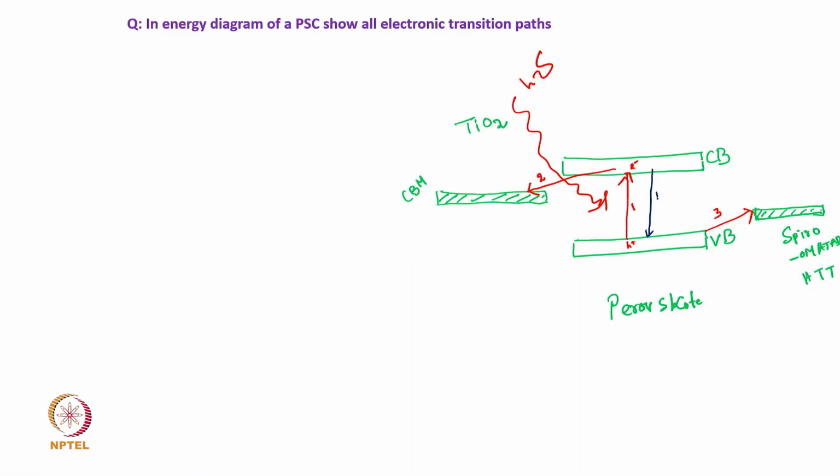So, this is path 4. It is a direct recombination of the electron recombining with the hole, and this is another recombination path, this is 5, okay. And this is another recombination path, this is 6.